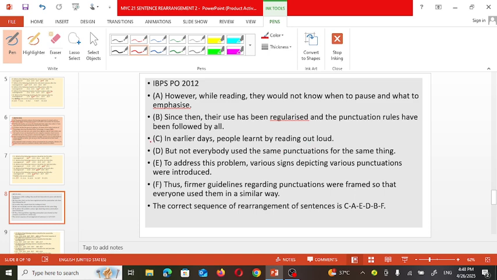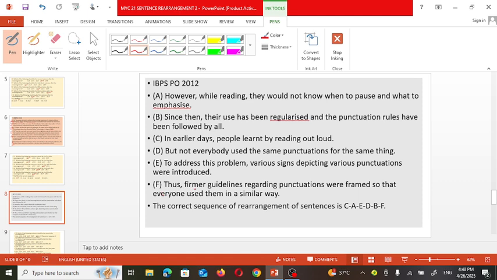So I think that can be the first, but let's see the remaining sentences. But not everybody uses the same punctuation for the same thing. To address this problem, various signs depicting various punctuations were introduced.